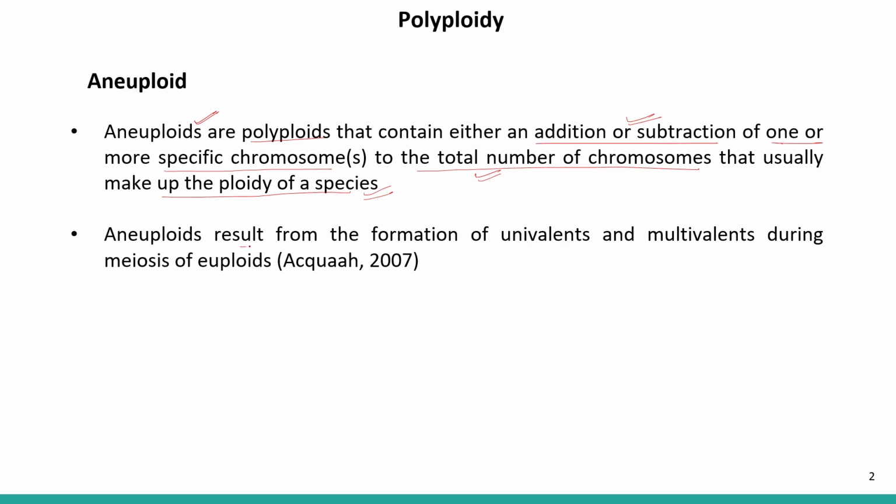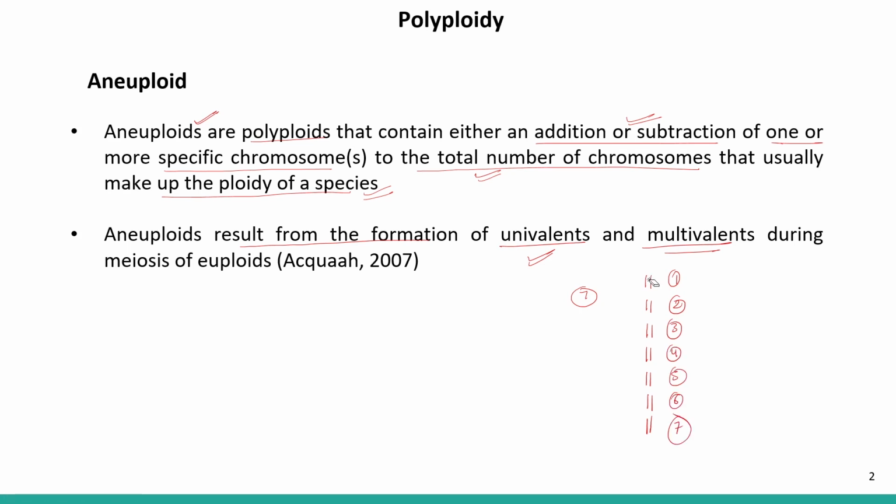So aneuploidy results from the formation of univalents and multivalents. Suppose any organism has 7 pairs of chromosomes: pair 1, 2, 3, 4, 5, 6 and 7.